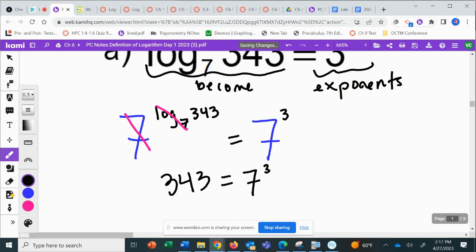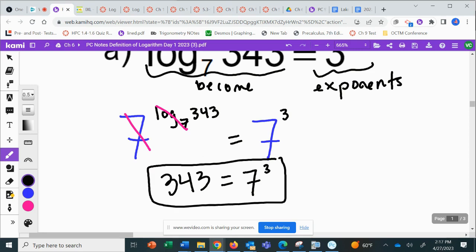Now, I am not asking you to find 7 to the third, because you already know what 7 to the third is. I'm asking you to get rid of log and have an exponent in the answer. I just did that. I'm done. This is literally do one thing and stop doing anything else. Just stop there.